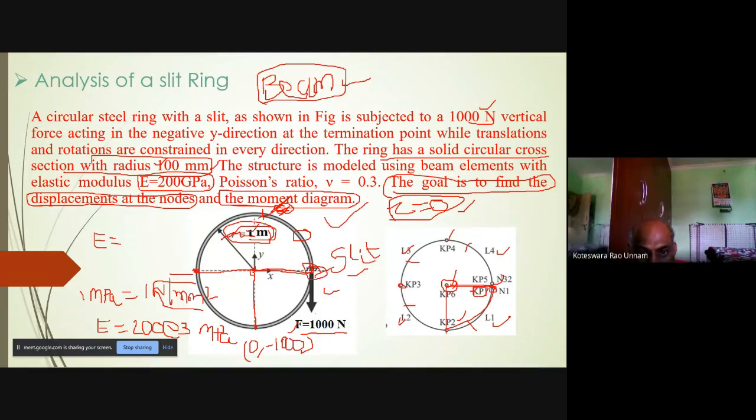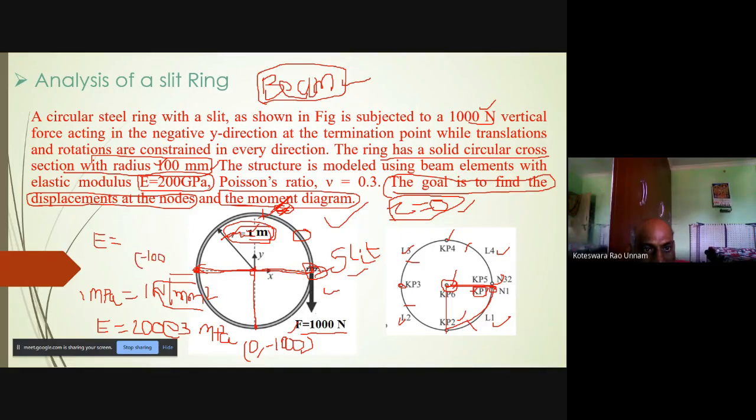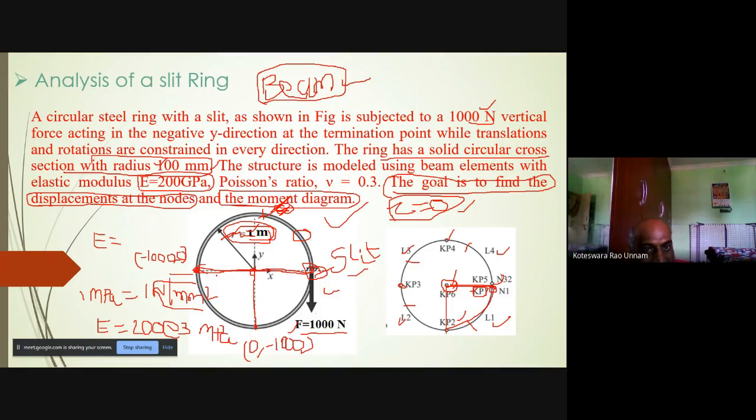So the x-axis distance is nothing but the radius, right? Yes, sir. But it is in the negative x direction. So the x coordinate is minus 1000. And what is the y coordinate? 0, because it is on the x-axis only.